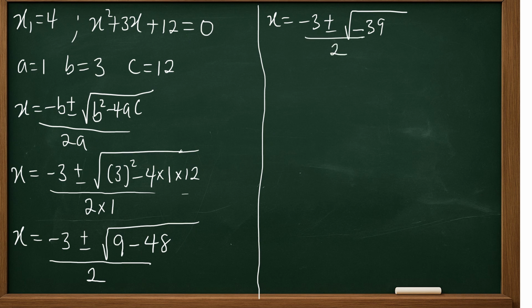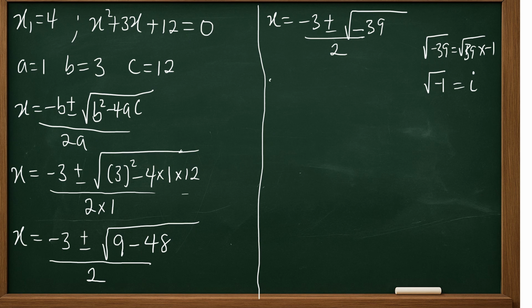all over 2. Now recall, class, that negative 39 can be written as 39 times negative 1. And square root of negative 1 in mathematics is going to be a complex root, which is i.